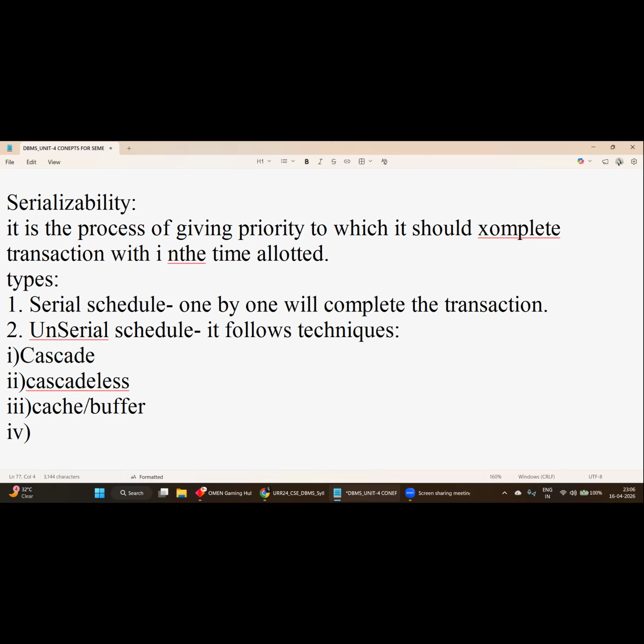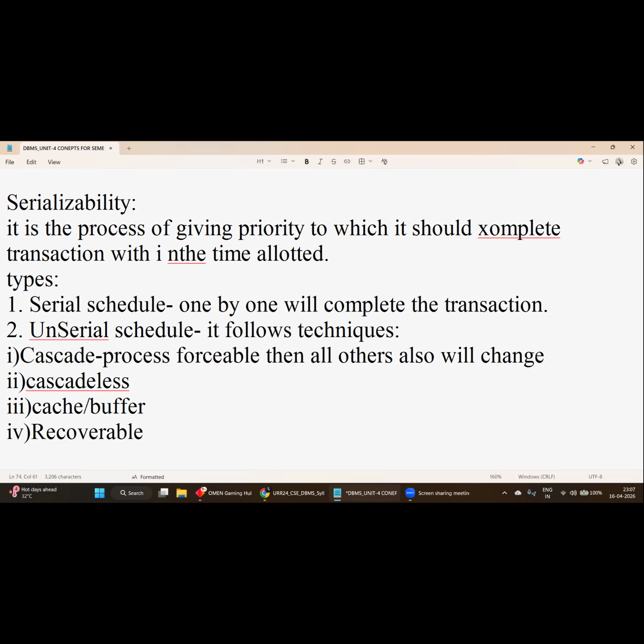The fourth one is recoverable. Now we will discuss all of these. These are all the types. Okay. Now, cascade means if any process or transaction is forcibly changed, then all others will also change according to it.